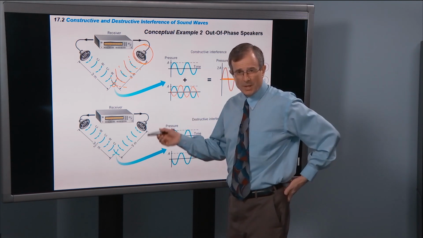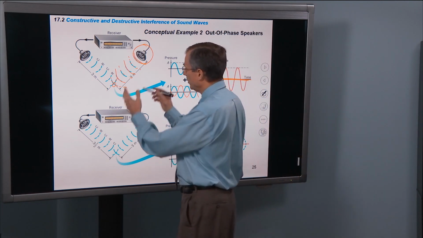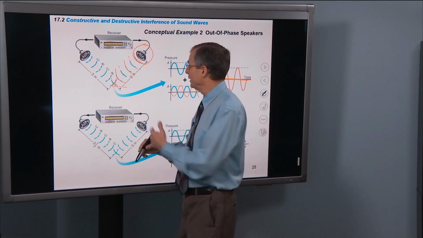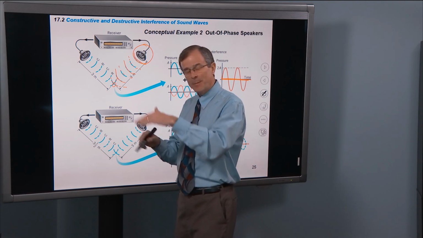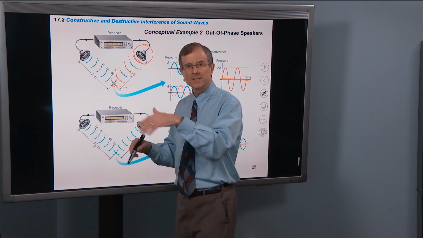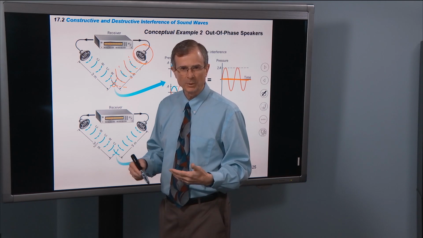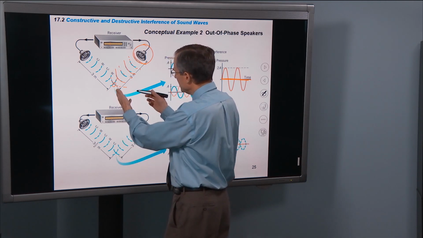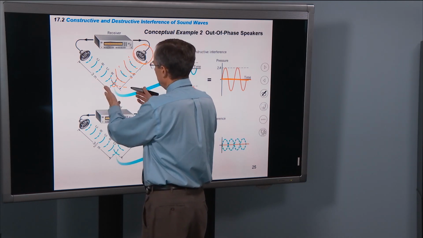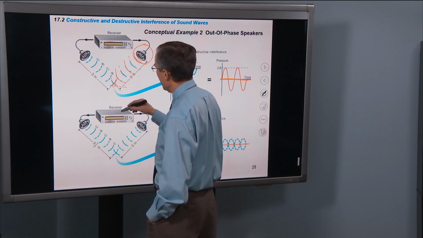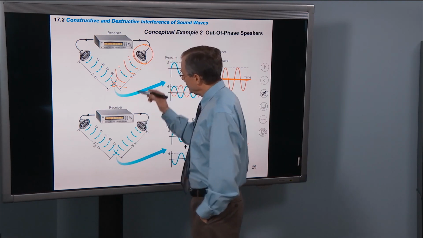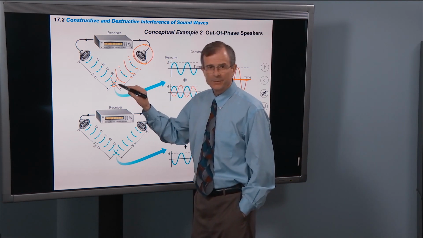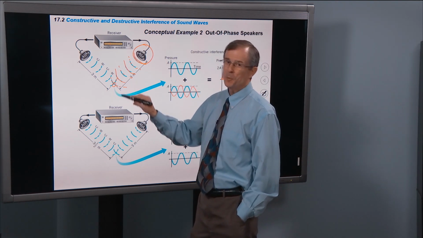So everything's just opposite. So in order to get destructive interference, if one of these speakers is out of phase, you've got to have a path length difference that's half an integer multiple of the wavelength. Actually, I'm sorry. You can get destructive interference for no path length difference.